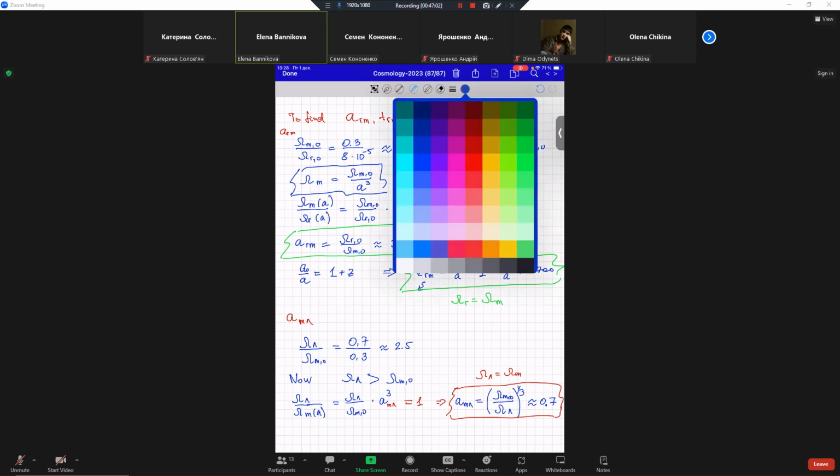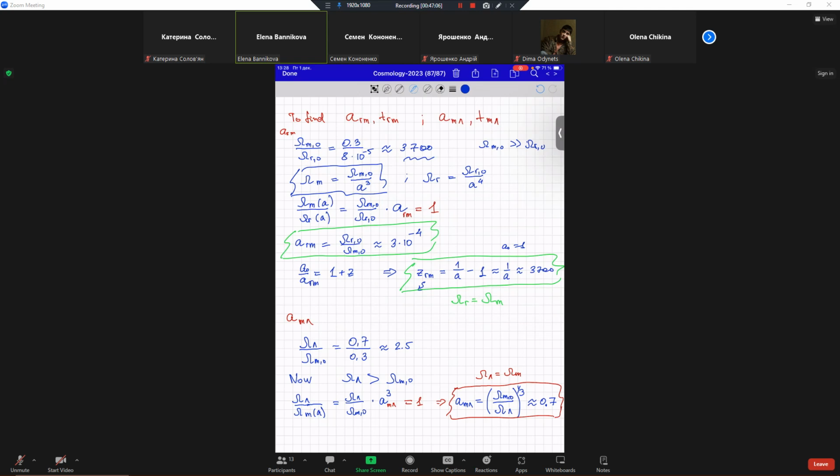Which line, tell me, the first, the second, the third? In the line where omega m divided by omega r equals 1, we have only A_rm.